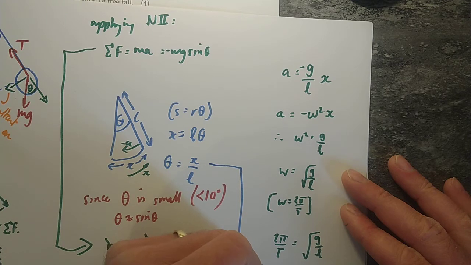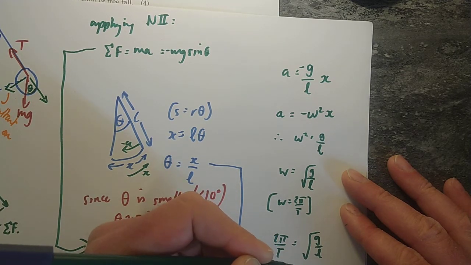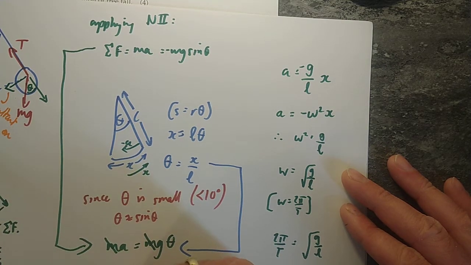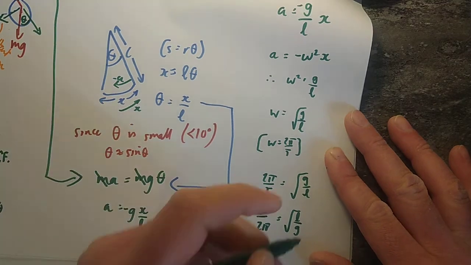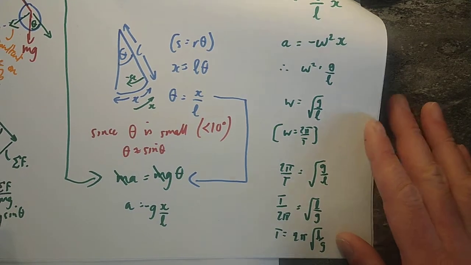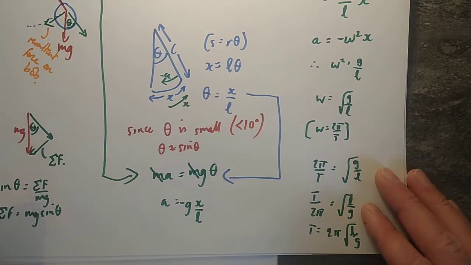So T over 2 pi equals root L over g. And therefore T equals 2 pi root L over g, which is our equation for a pendulum. So just a reminder, that's how you derive the equation for a pendulum.